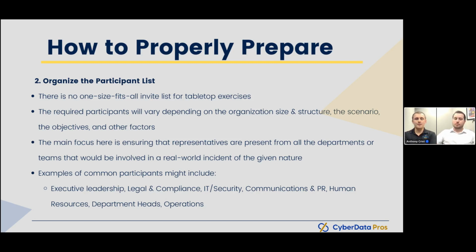Yeah, absolutely. Like I said, having representation, at least some sort of lead representation for really most divisions, especially if they're going to be affected, is going to be pretty important.